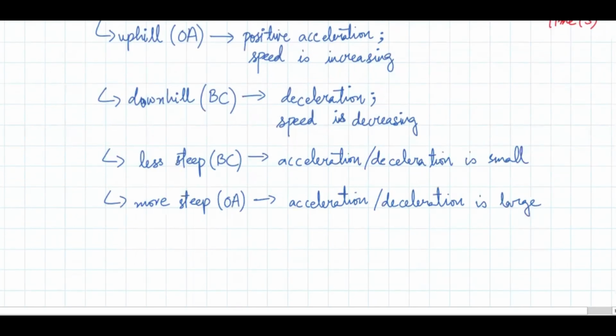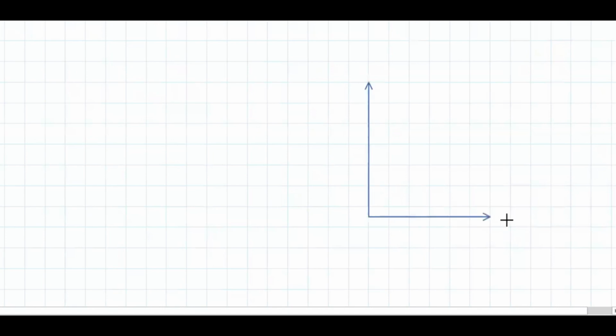There's one last thing that a speed time graph could tell you, and that's the distance traveled by the object. So let's make a speed time graph again. Let's say that you have this speed time graph.